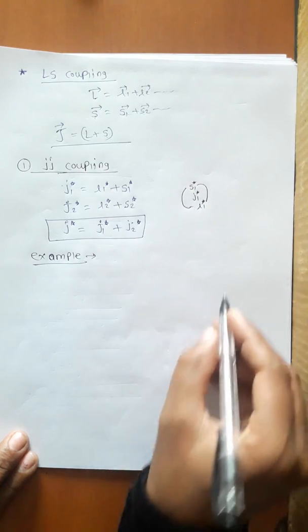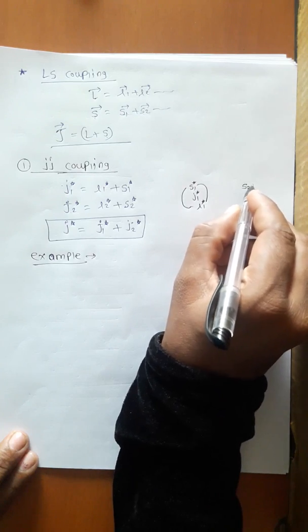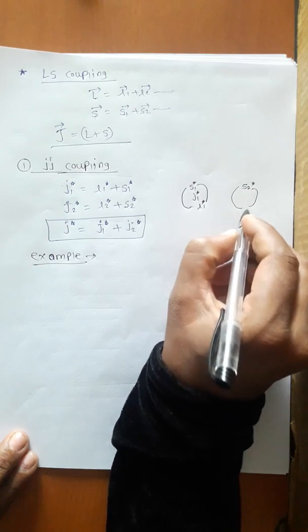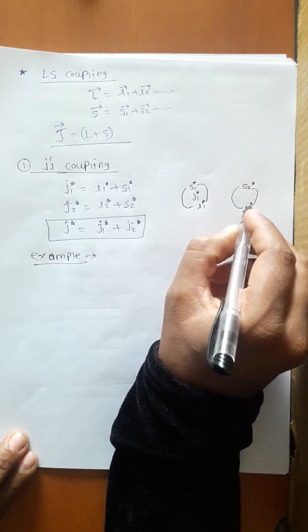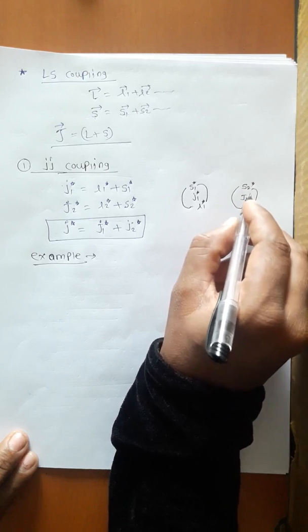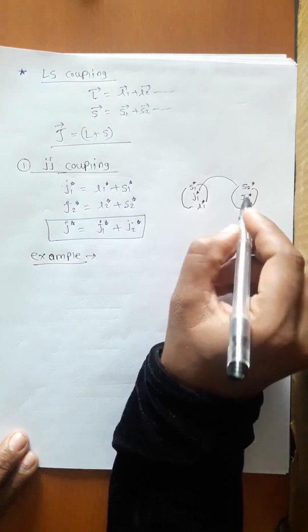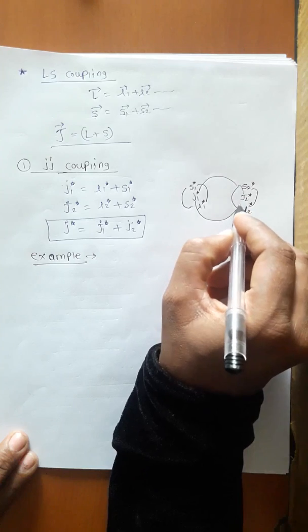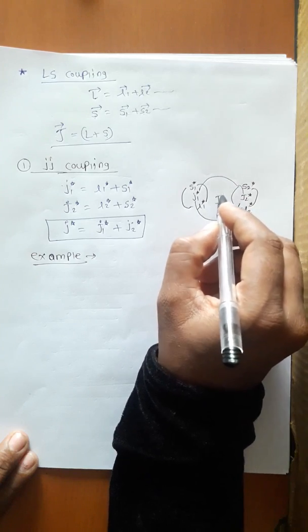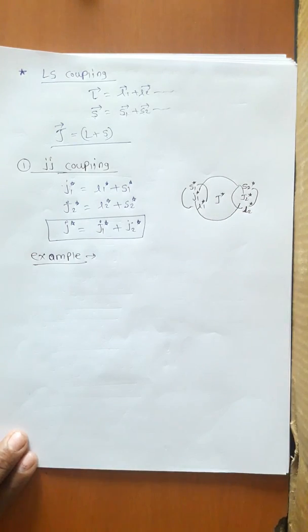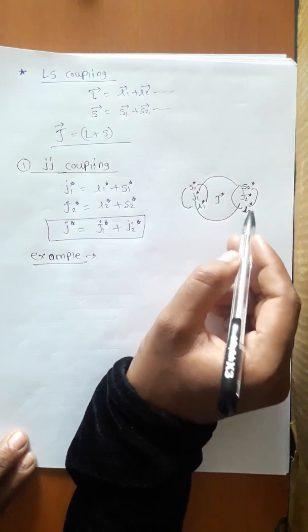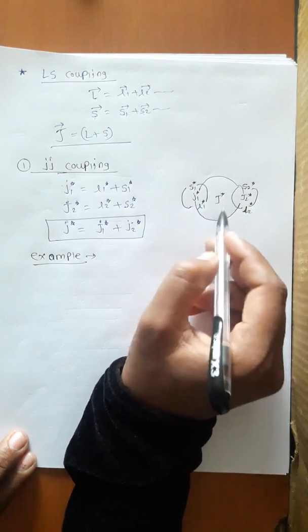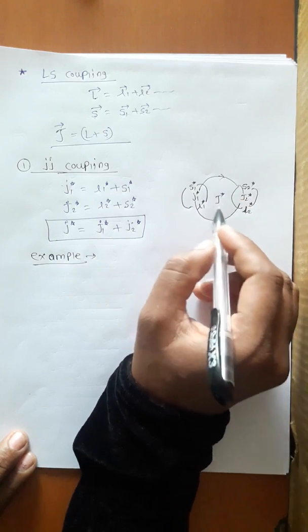Then S2 star is coupled with L2 star, and L2 plus S2 gives the resultant J2 star, and J1 plus J2 gives the resultant J star. This is as simple as that. S1 plus L1 gives J1, S2 plus L2 gives J2, and J1 plus J2 gives J bar.